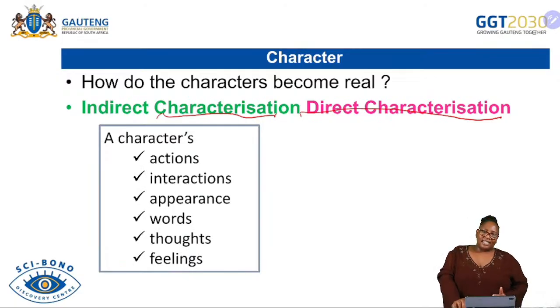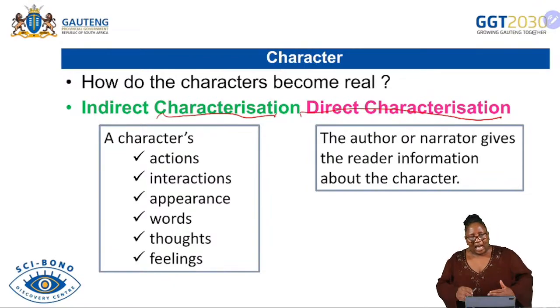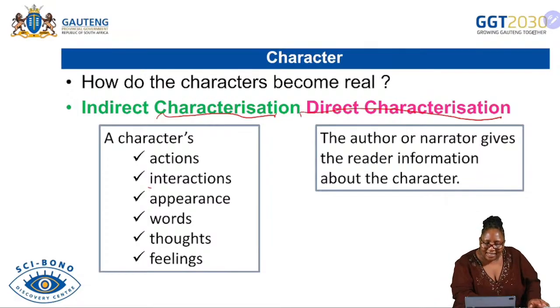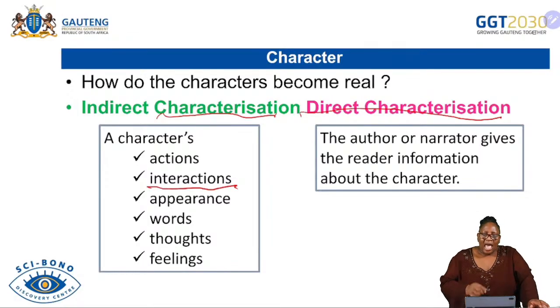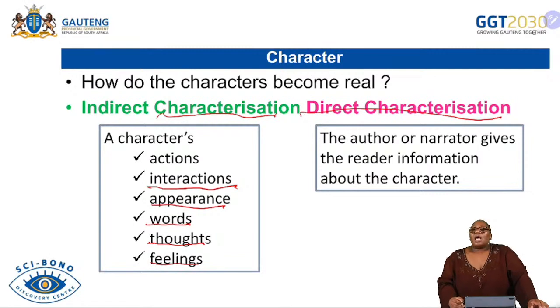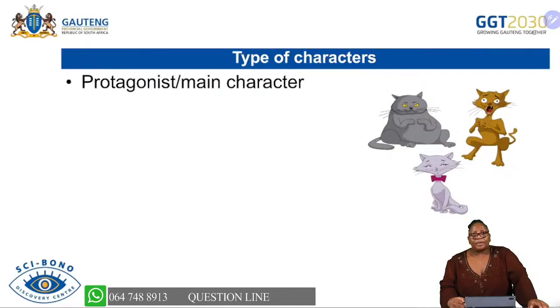Indirect characterization, we are looking at the characters' actions, how they behave, how they act, how they interact with others, how they appear, and the words that they use, also their thoughts and their feelings. Direct characterization, the author or the narrator gives the reader information about the character.